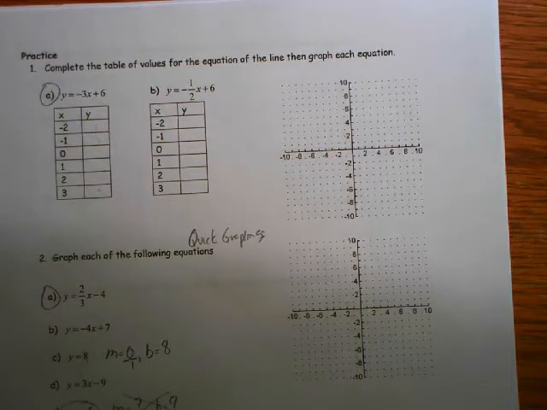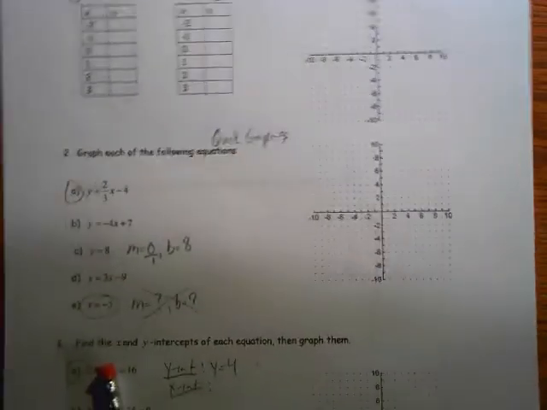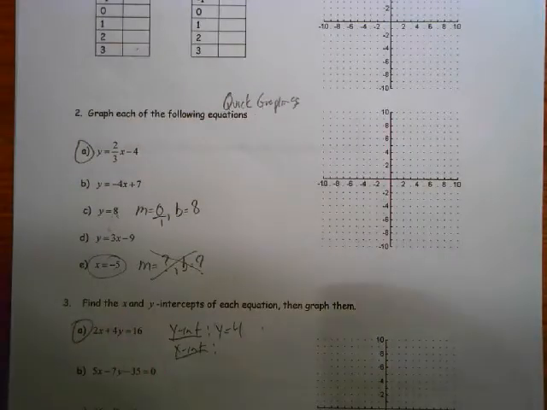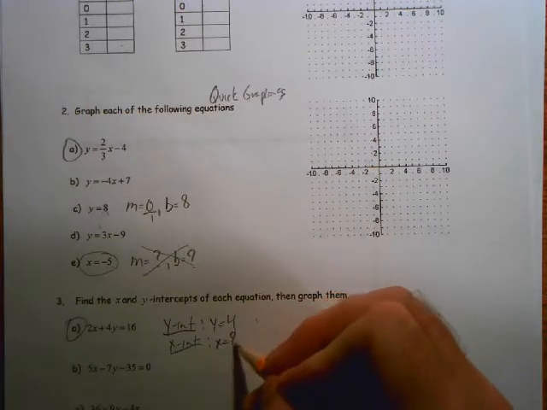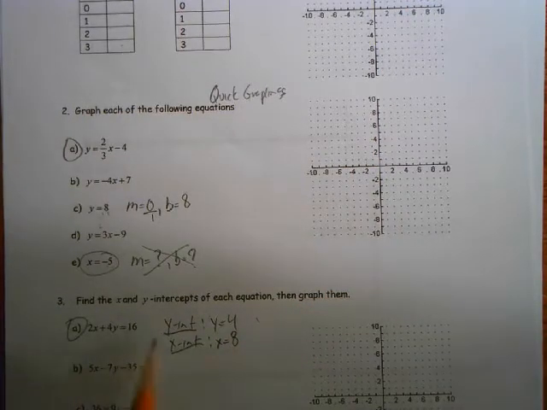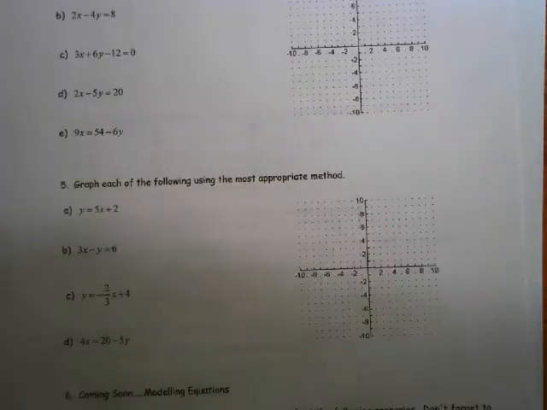So it becomes 2x equals 6. Sorry, you couldn't see that. Let me just repeat that. So if I want the y-intercept, I set x equals 0. So it becomes 4y equals 16, or y equals 4 when I divide by 4. Y-intercept is 4. Well, if I want the x-intercept, I set y equals 0. So 2x equals 16, or x equals 8. So that's a very quick way of graphing that because of the form it's in. Okay.